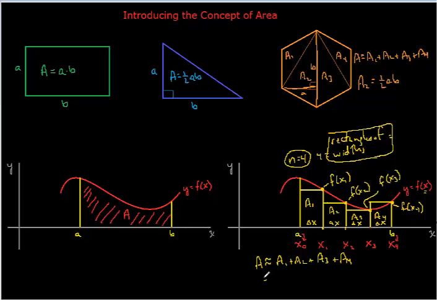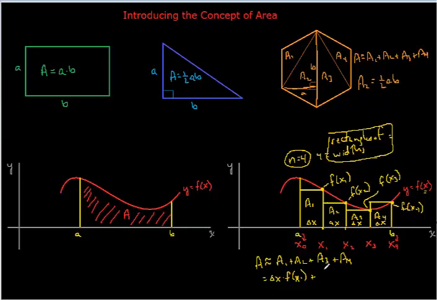Now, area 1 is the base times the height. The base is delta x, and the height is f of x1, plus the base of area 2.